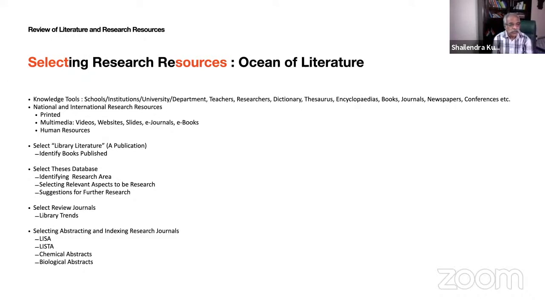So at the first stroke, I have written here knowledge tools, that is the institutions, departments, universities, teachers, researchers, and these are the resources. And in these resources like thesaurus, encyclopedia, book, one thing I want to tell you: understanding and getting knowledge is not at all difficult.